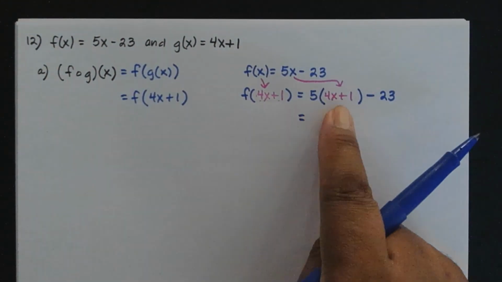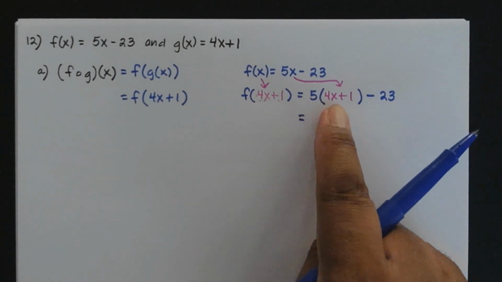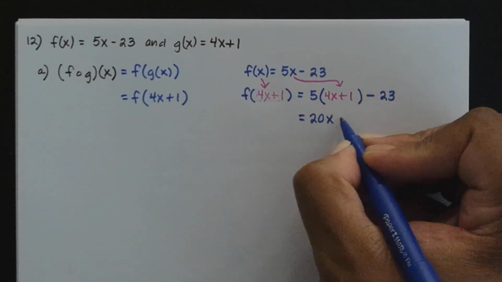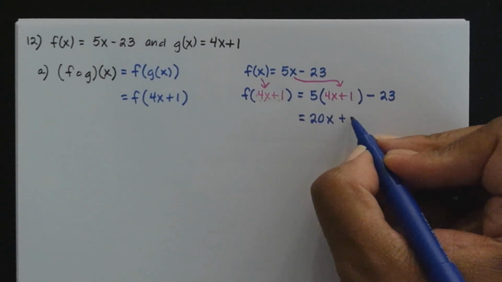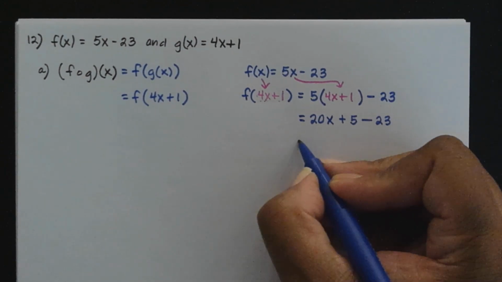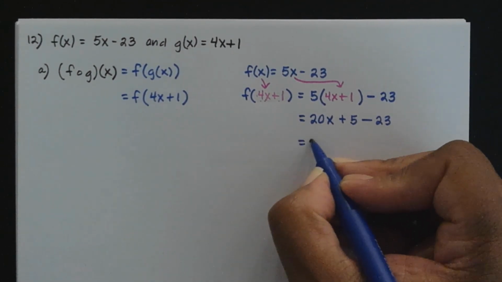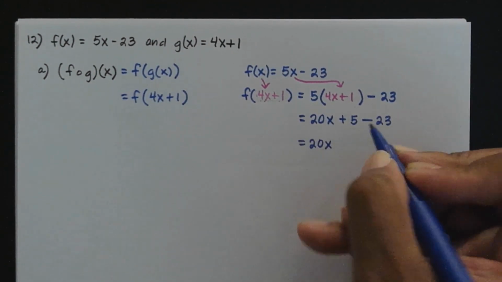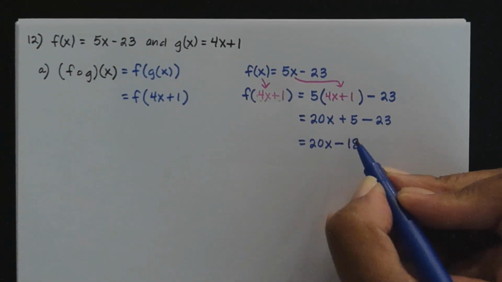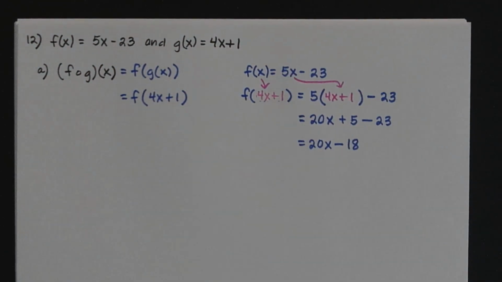Right side, I'm just going to simplify that. If I distribute the 5 over the 4x plus 1, that means 5 times 4x will be 20x, plus 5 times 1, which is 5. Then bring down that minus 23. Bring down the 20x, and then 5 minus 23 will end up being minus 18.